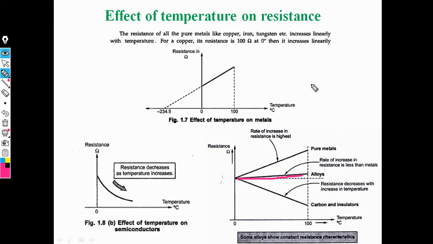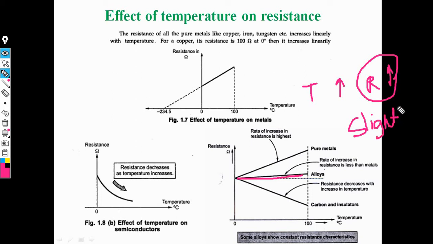In alloy, temperature also increases, but resistance increases only slightly. The graph is much less linear. The resistance increases slowly, but it does increase. This is the graph for alloy.